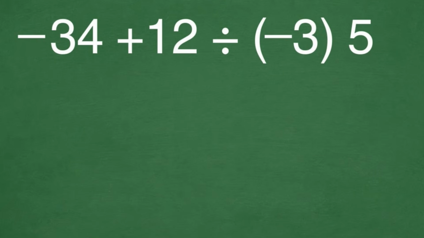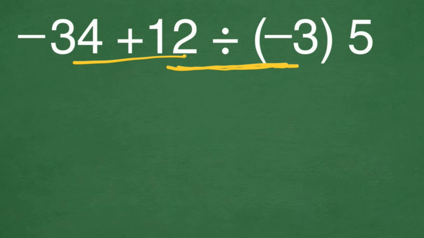So I am going to take you back to our original problem. It says -34 plus 12 divided by, parentheses, -3, close parentheses, times 5. So what we are going to do is look at the parentheses first. Now here, the parentheses only contains -3 all by itself. There is nothing to solve inside it.